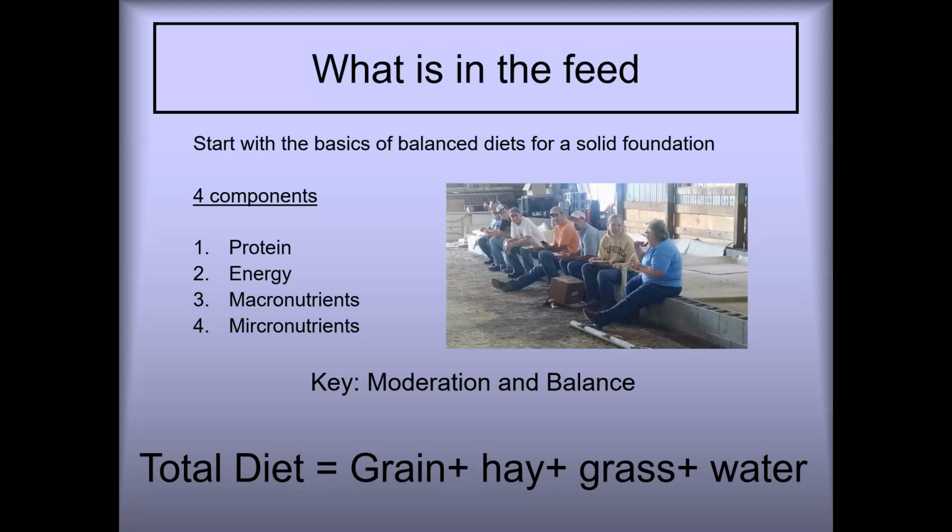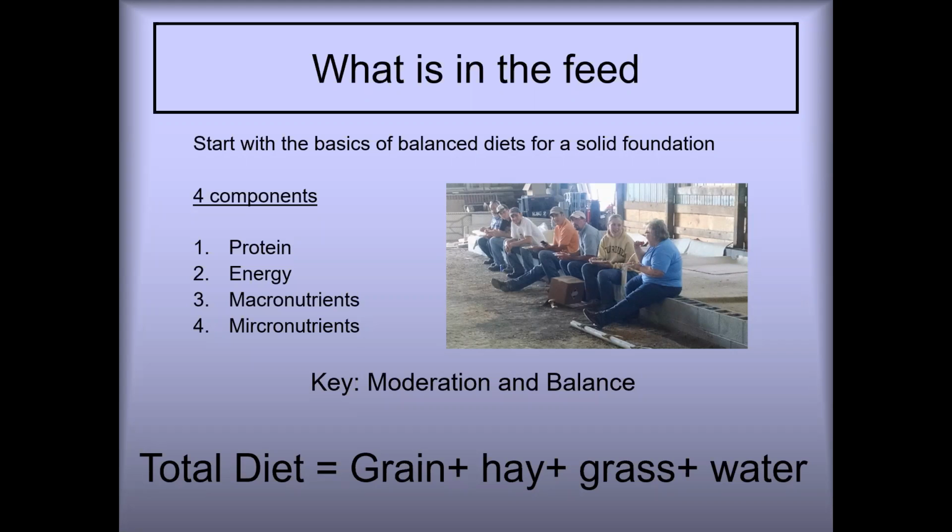Now, if you're starting with a ewe that's in a body condition score of 2, and you need to increase that body condition and get her closer to where you need to be for breeding season, then a little bit more corn in the diet certainly is going to benefit that animal from increased body fats. Getting that energy up is going to benefit her to be ready for the breeding season.